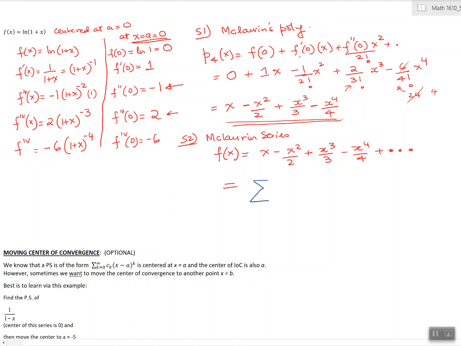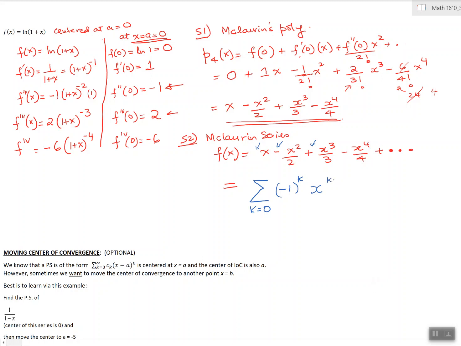So first thing to notice is that it's an alternating series. I have a plus, a minus, a plus, a minus, so that means negative 1 to the power k should do the job. k is starting from 0. Now the first term is x, the second one is x squared. So x raised to the power k is not going to do it.